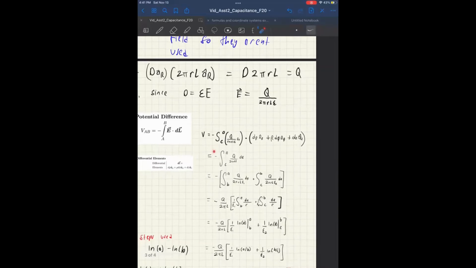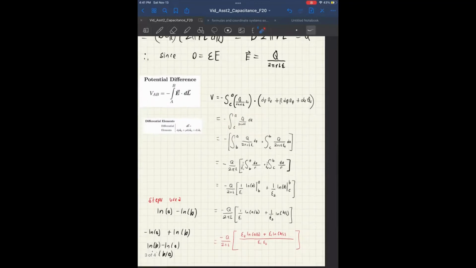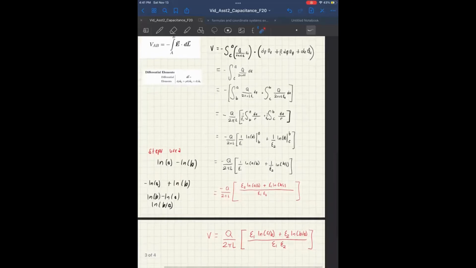Now that we have our integral over a to c, we need to split this into a to b and from b to c, because there are two regions and we need to account for both. It's not just a one region thing. Now we need to take out our common factors.